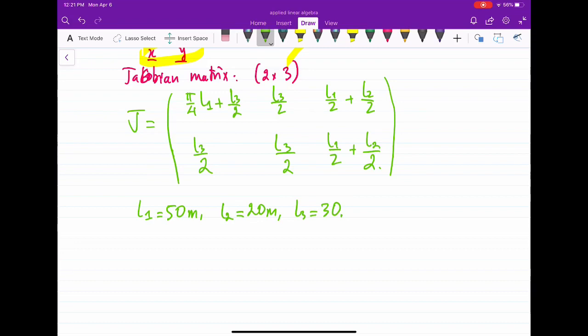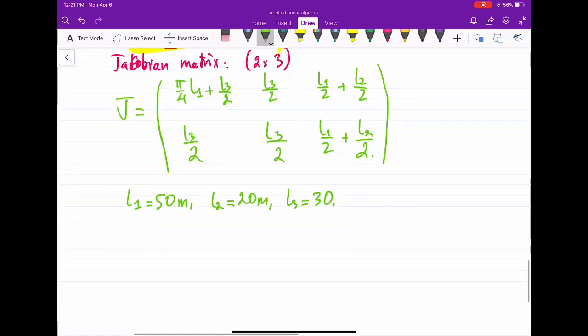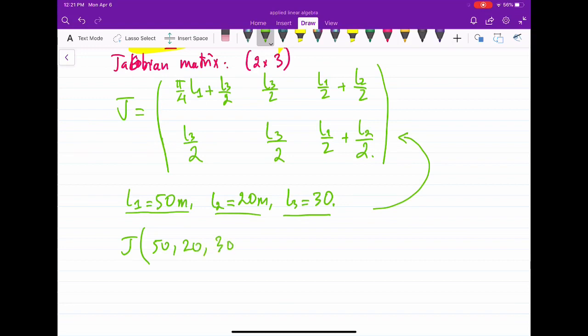Makes sense? All right, so let's do this. At this moment, you can plug L1, L2, and L3 into J to find the Jacobian matrix. So I write J at 50, 20, and 30 is equal to the matrix. I can plug into this.